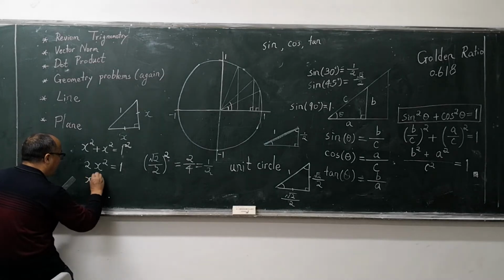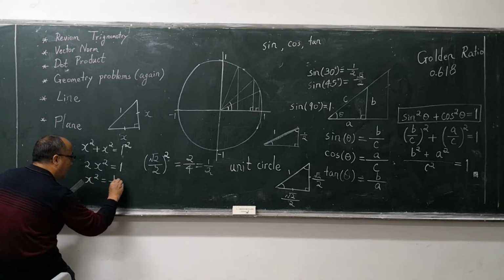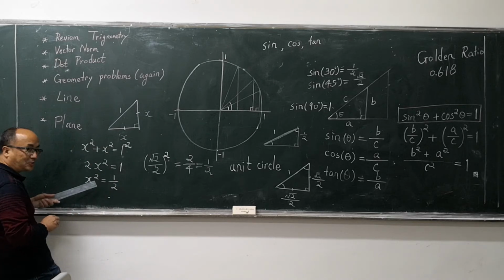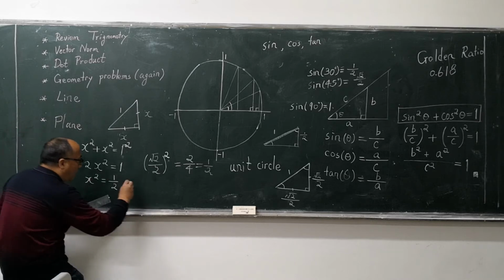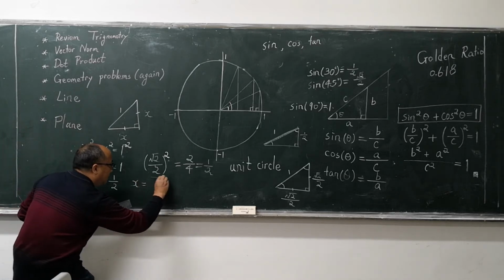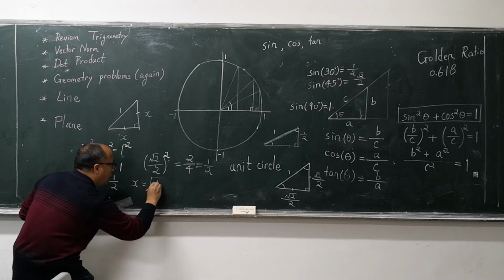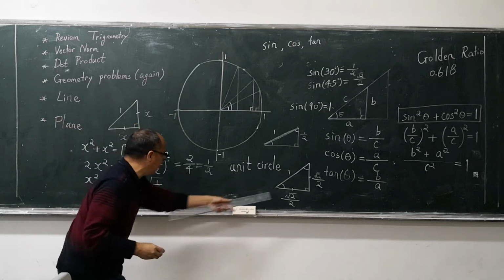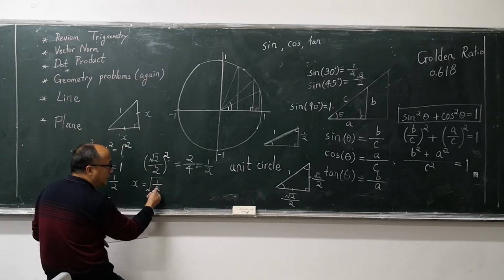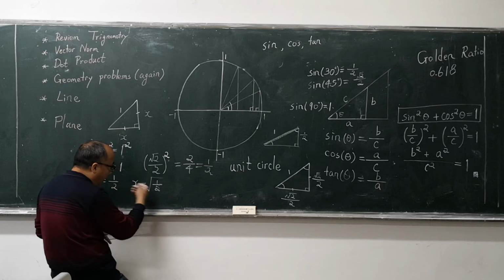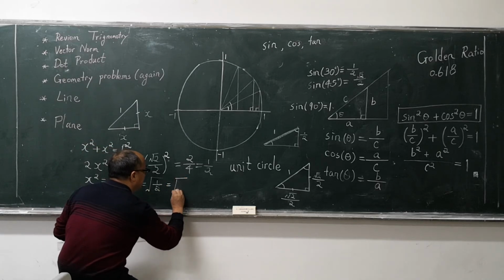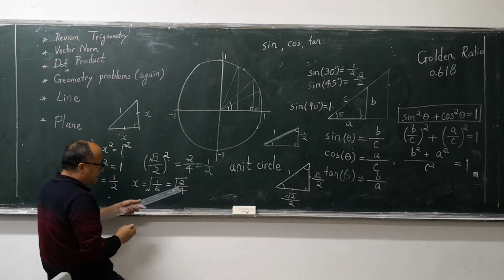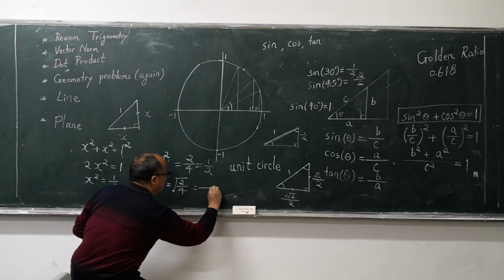So x squared is 1 over 2. It's not x is 1 over 2, it's x squared. Now x is root 1 over 2. If you want to take the denominator out, you can say it's 2 over 4, and the bottom take it out, so it's 2.